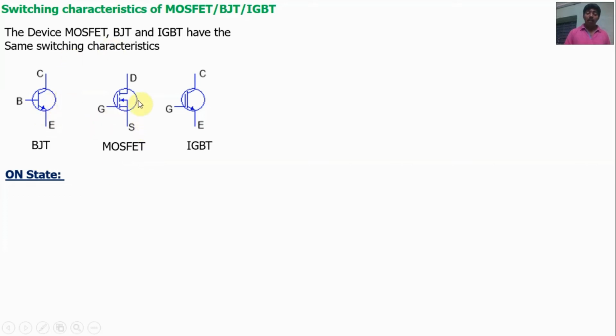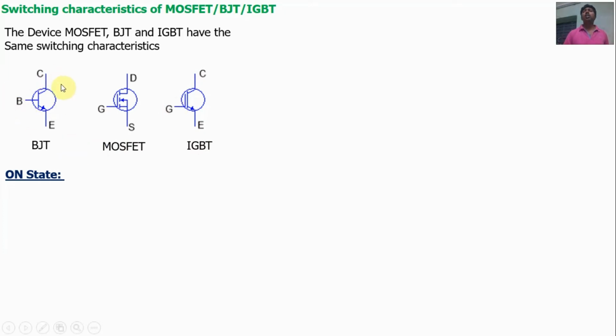Here VDS is always positive, but only if a positive gate voltage is applied will the MOSFET go to the on condition. If the gate voltage is less than the threshold voltage, it goes to the off condition. Similarly for the IGBT, the collector to emitter voltage is always positive, but when the gate voltage is less than the threshold, it goes off.